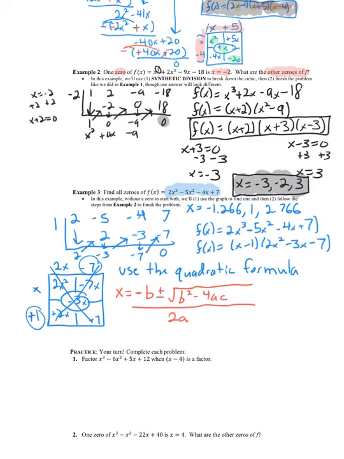All right, negative b plus or minus the square root of b squared minus 4ac over 2a. Well, the b value is negative 3 here. The a value is going to be positive 2. And the c value is negative 7. If I plug all those values in and simplify, I will get my result.